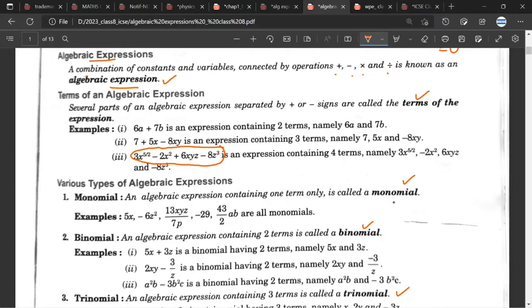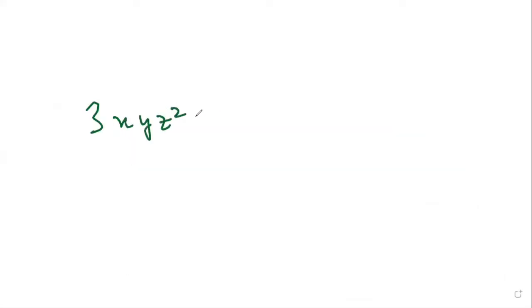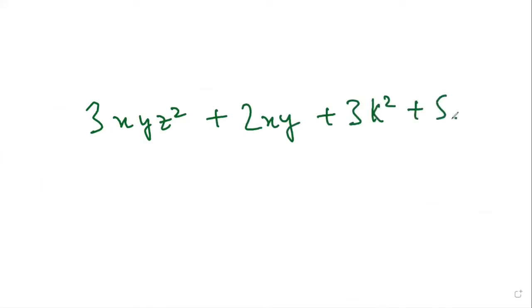Several parts of an algebraic expression separated by plus or minus sign are called terms of the expression. What this means is that, for example, I have something like 3xyz square plus 2xy plus 3k square plus 5.